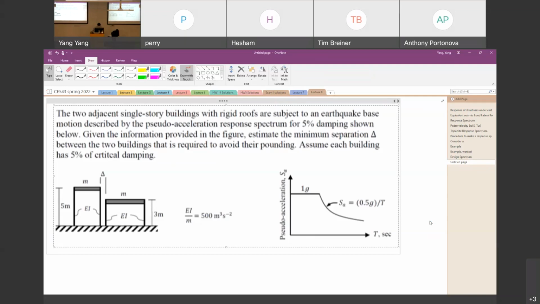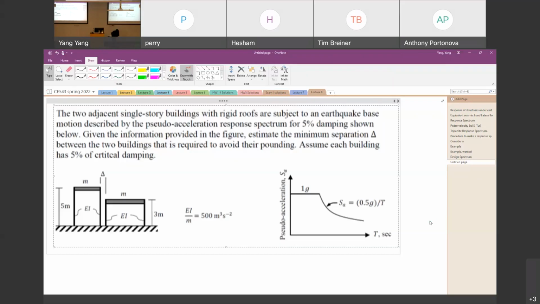If we have two adjacent buildings, one building has a height of 5 meters, the other building has a height of 3 meters here. On the earthquakes, we know both of them have 5% critical damping.